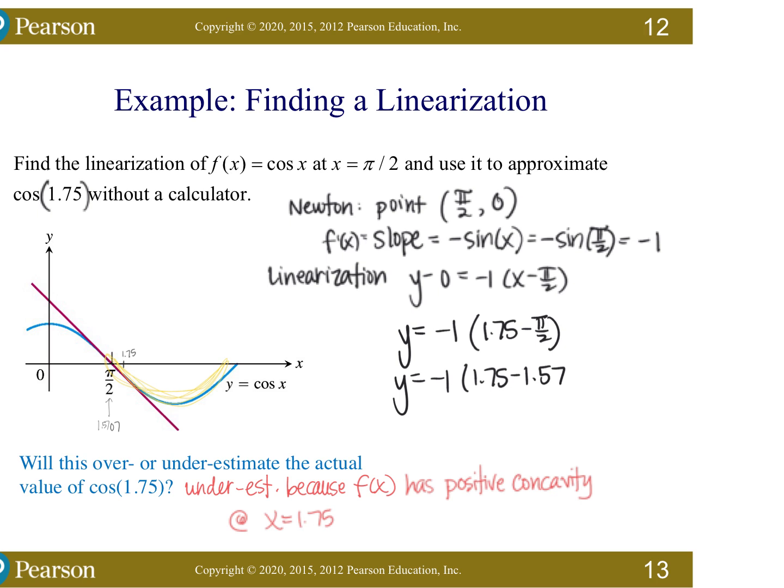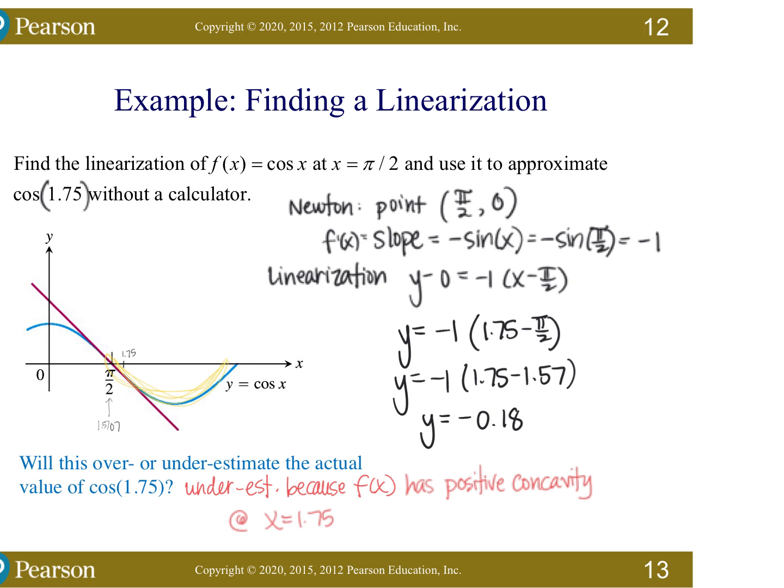We can probably even do as accurate as 1.57, that would be fine. So 1.75 minus 1.57, we're estimating that the value is going to be negative. And then you just do the subtraction. What's 1.75 minus 1.57? 0.18. So negative 0.18 is the estimate of what that actual value was.